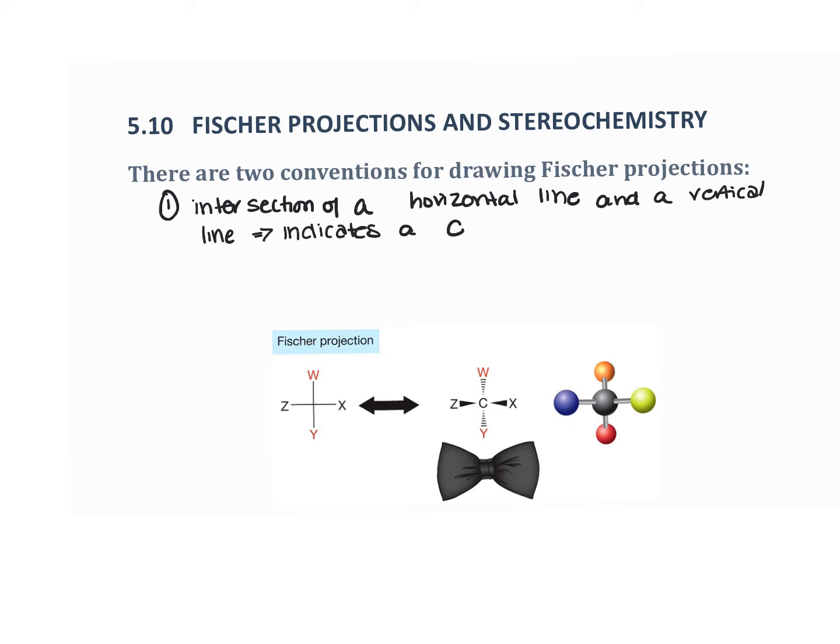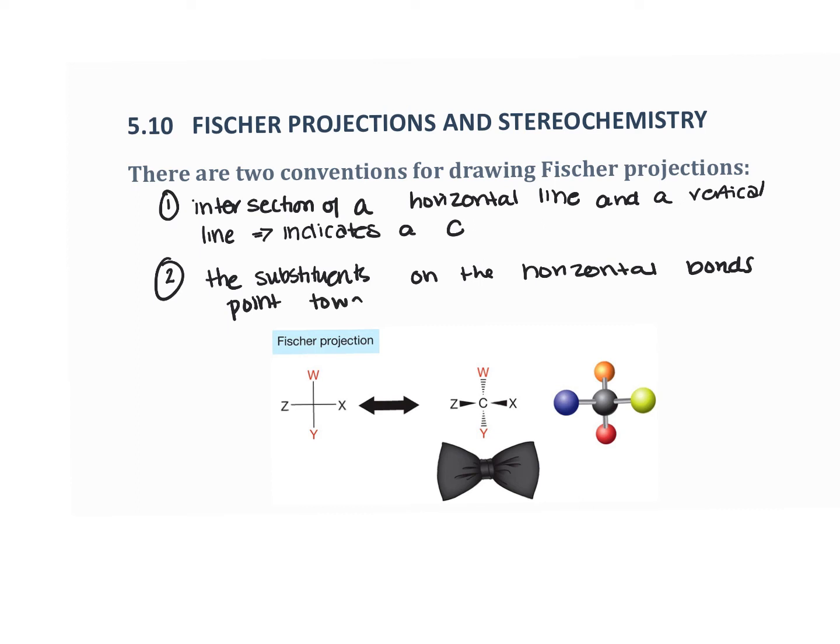And then the substituents, the kind of second big idea here, is that the substituents on the horizontal bonds point towards you.